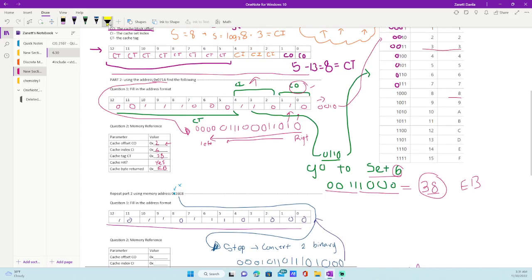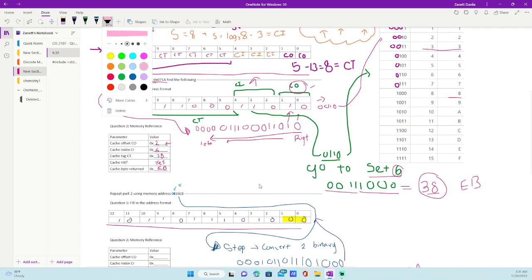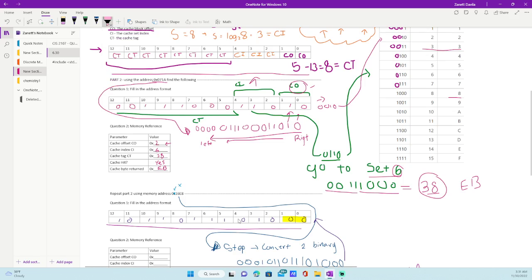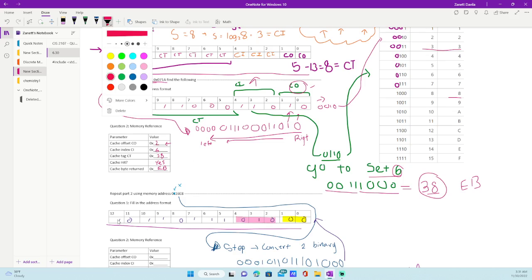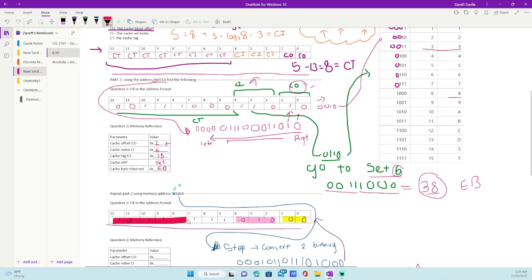So I'm going to highlight it here. So this will be our CO, our block offset. This right here will be our set index. And this right here will be our cache tag.